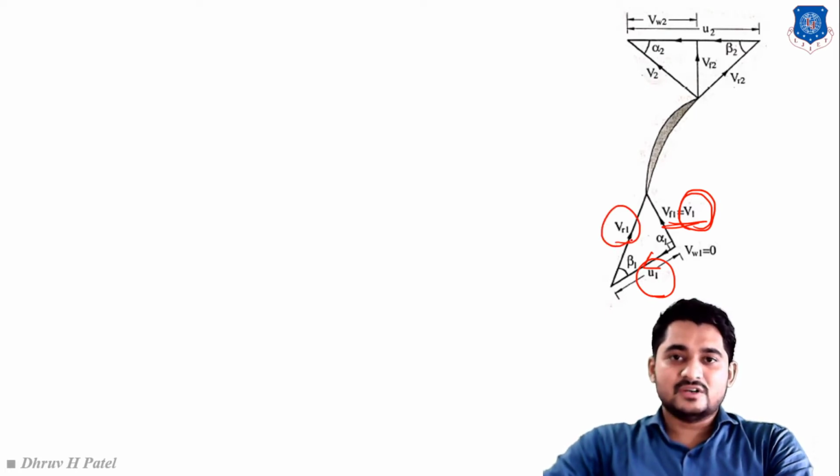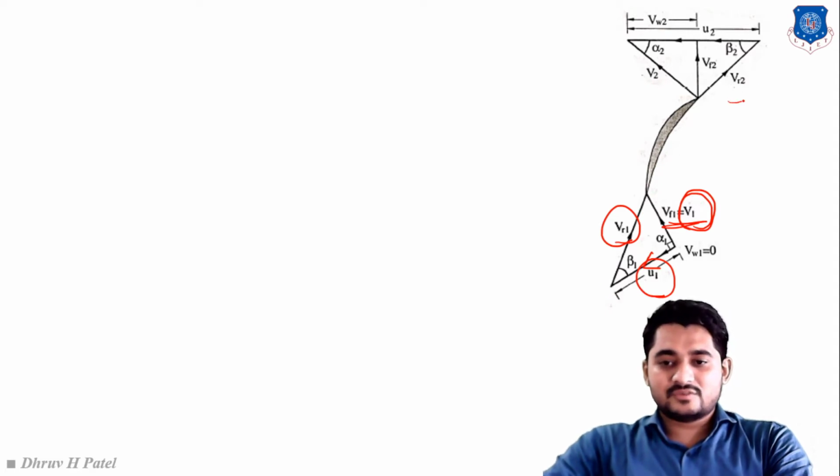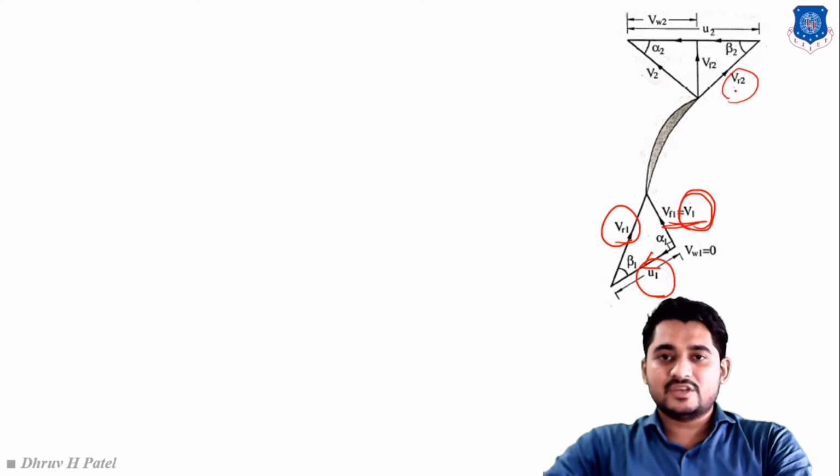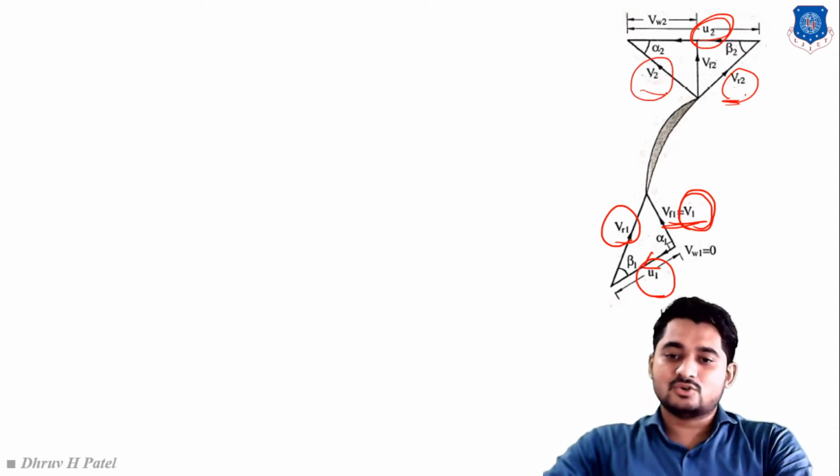So Vr1, the relative velocity, will be there, right? Then water will go outward with the Vr2 velocity. So here Vr2 is this, so Vr2 and u2, that will be the blade velocity at the outlet. So Vr2, u2 and V2 will be the resultant velocity from the initial to the final point.